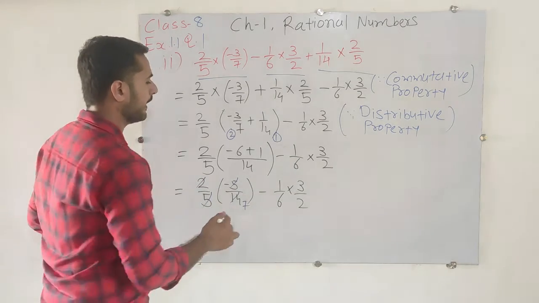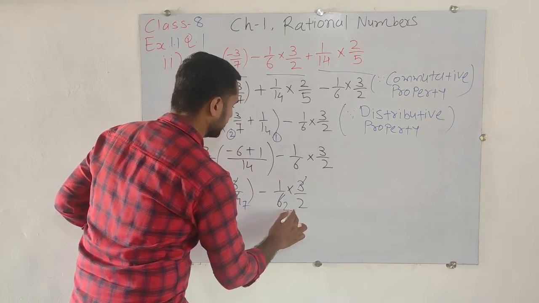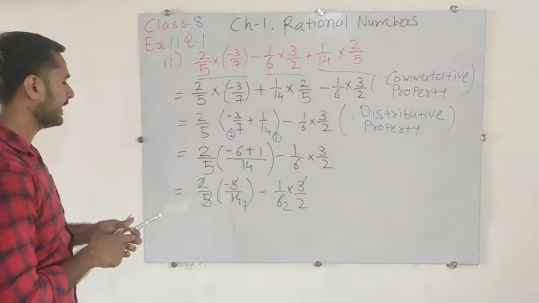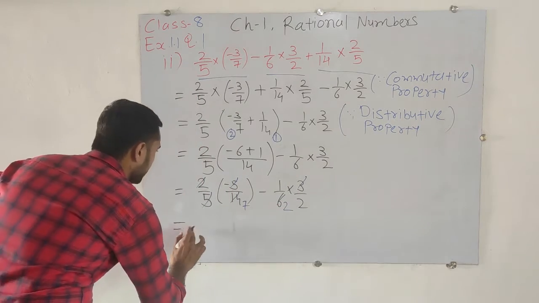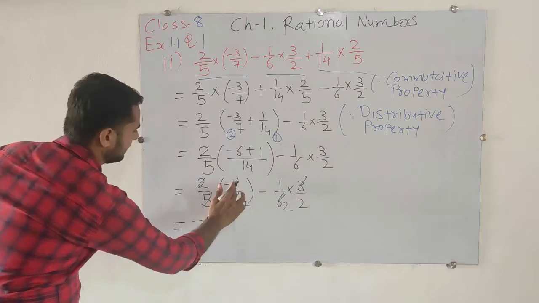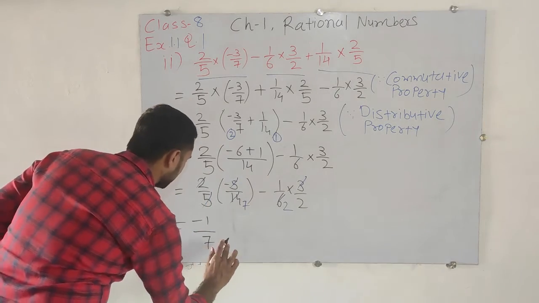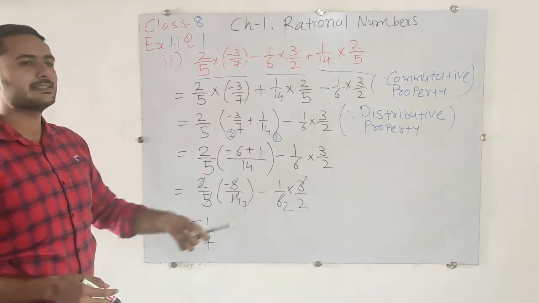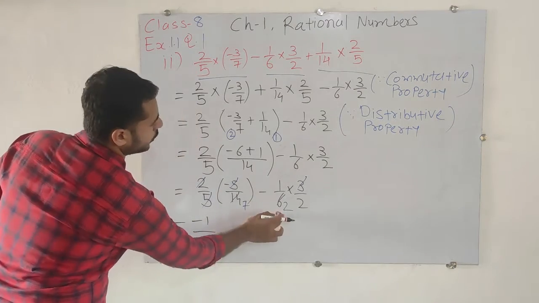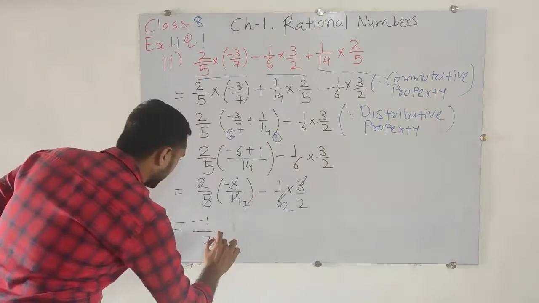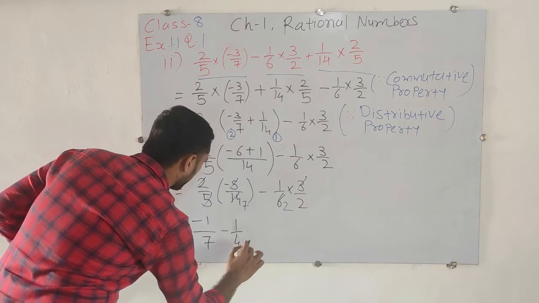And here that will be 3 2s are 6. So what number do I get from that? That will be minus 1 by 7, because the minus sign is there. So minus 1 by 7 as it is, and here 2 2s are 4, so that is minus 1 by 4.